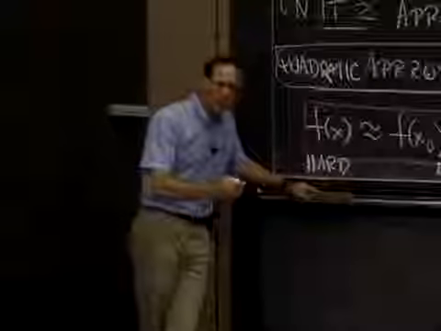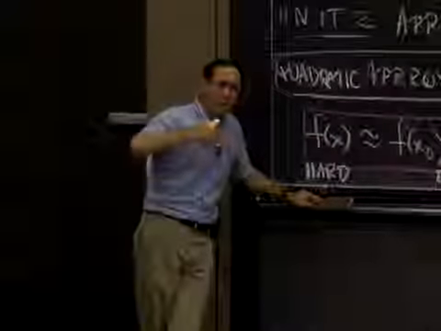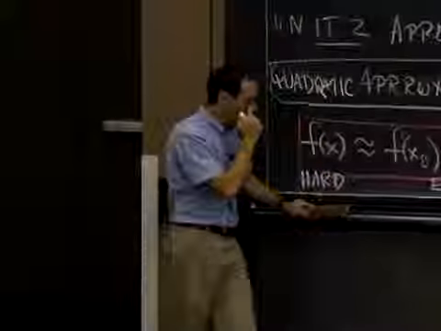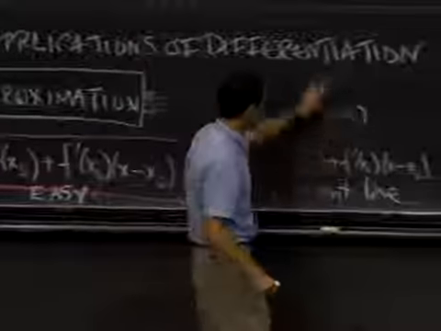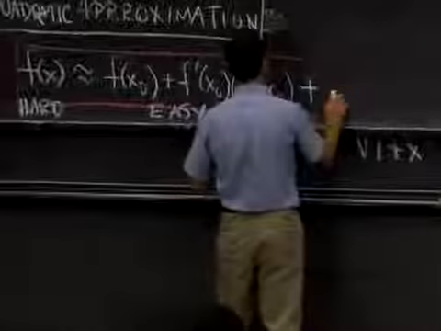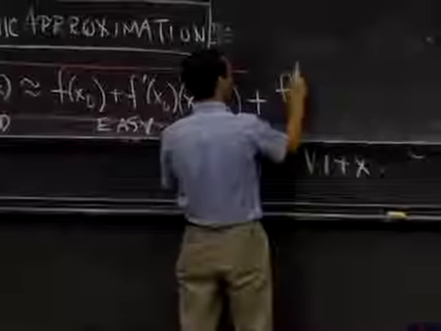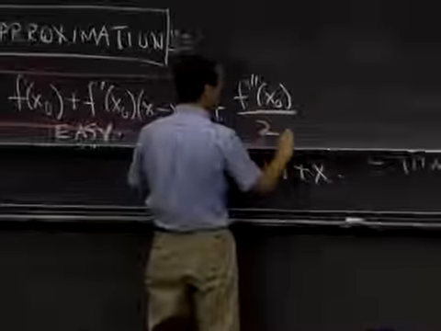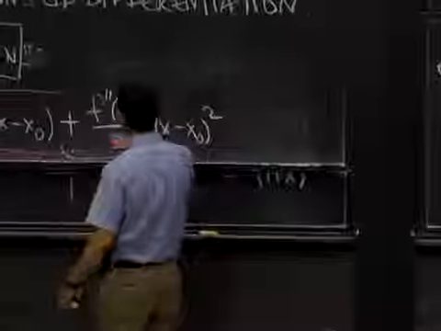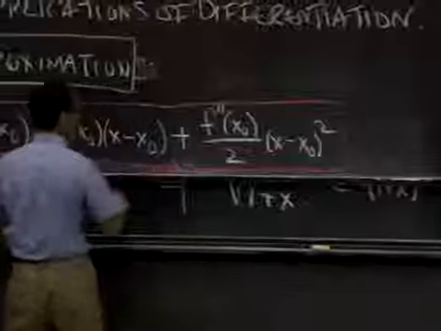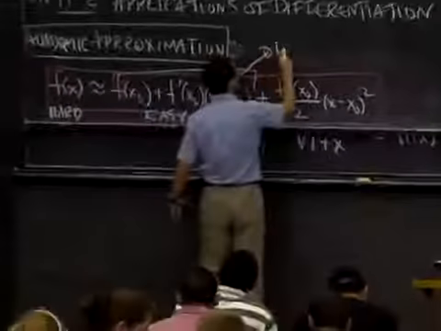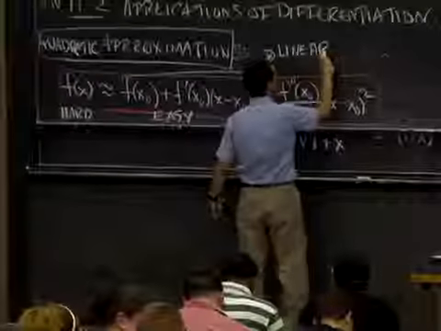Now, the quadratic approximation is going to be just an elaboration, one more step of detail from the linear. In other words, it's an extension of the linear approximation. And so we're adding one more term here. And the extra term turns out to be related to the second derivative, but there's a factor of 2. All right, so this is the formula for the quadratic approximation. And this chunk of it, of course, is the linear part. This time I'll spell linear correctly.